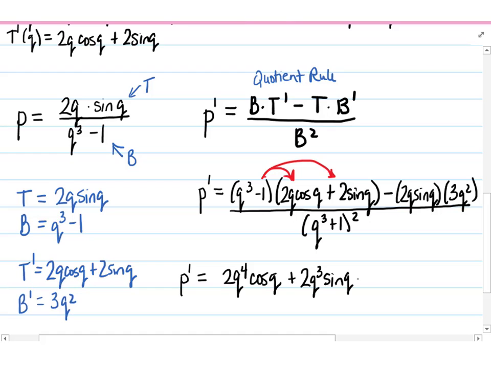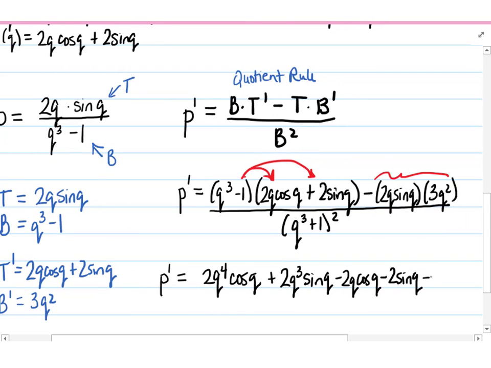So we're going to have minus 2q cosine q minus 2 sine q. And then of course here at the end, we just want to multiply the 2q times the 3q squared. So we're going to have minus 6q cubed sine q. And this is all over q cubed plus 1 quantity squared.